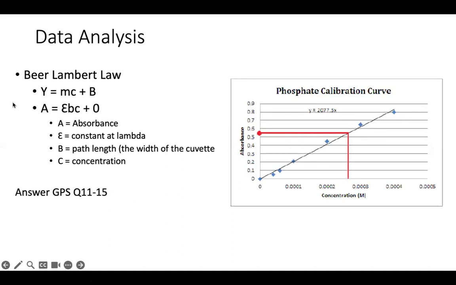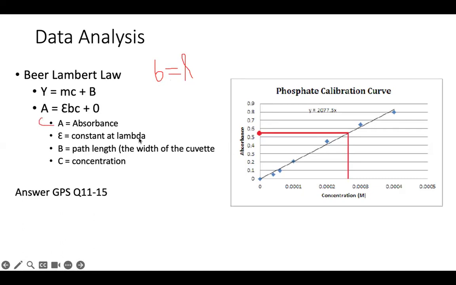Now, an important note I want to pull out is that depending on different textbooks, B will sometimes equal L. They're the same thing. They're both the path length. So A is our absorbance.